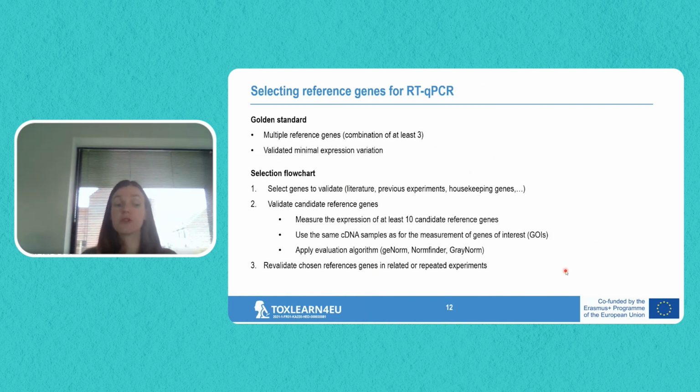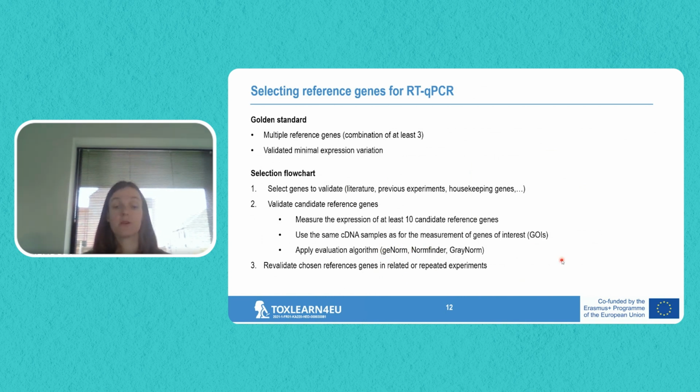And then you can use an evaluation algorithm to tell you which of these 10 or more reference genes are the most suitable to use to normalize the data from this specific qPCR experiment. And there are different algorithms available. For example, there is GNorm, which is very frequently used.